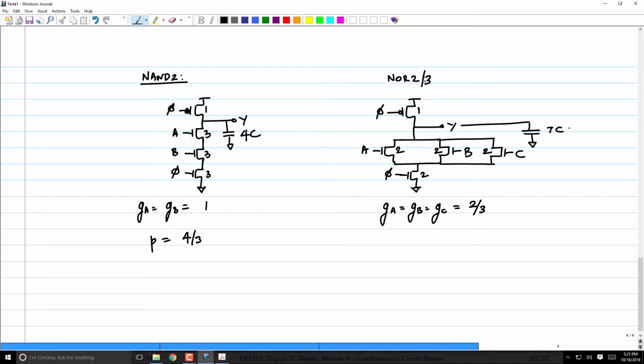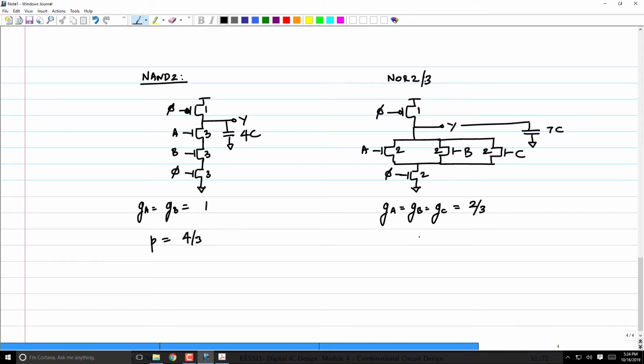So that clearly is going to go up linearly with the number of inputs. Parasitic delay does depend on the number of inputs. It's only logical effort that is less. But remember, parasitic effort is a constant number that adds to that delay optimization problem. It's the logical effort that ultimately determines gate sizing. Therefore, logical effort is more important than the parasitic effort, and if that is constant, that's a big advantage.